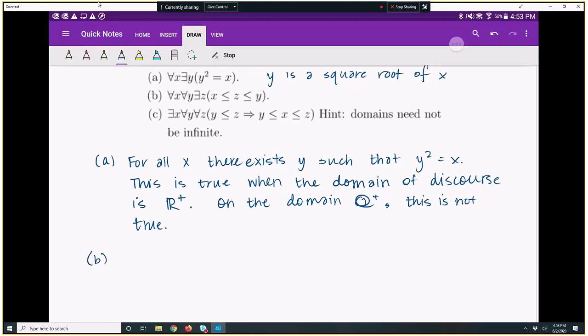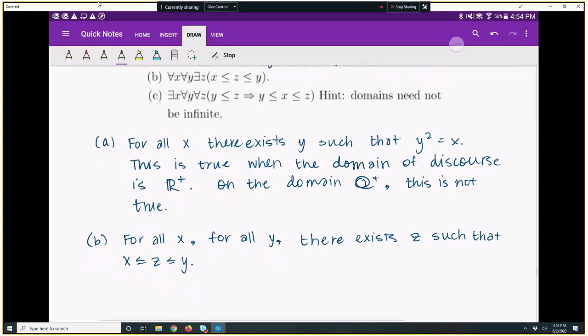Okay, what about b? b says for all x and for all y, there exists z such that x is less than or equal to z, z is less than or equal to y. And we're looking for a domain of definition for which this is true.